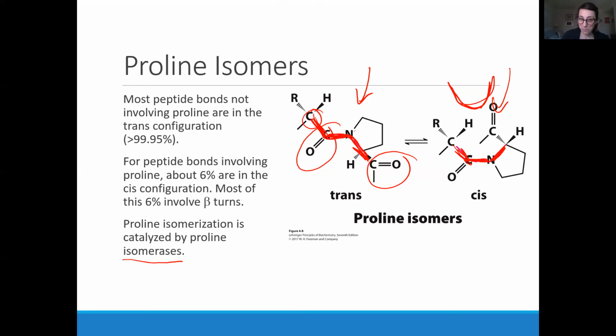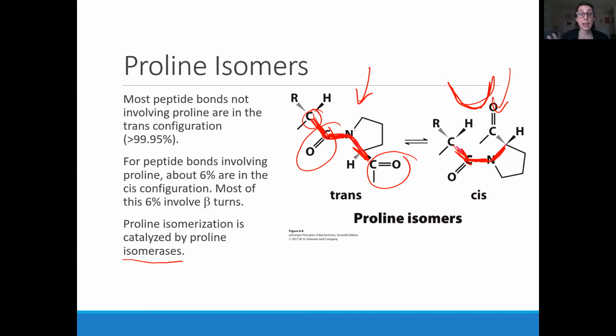So actual structures of proteins are still reliant on proteins to help them form their structure. It's an interesting kind of chicken and the egg conundrum there. So again, this is how the prolines exist in their isomer state within a beta sheet.